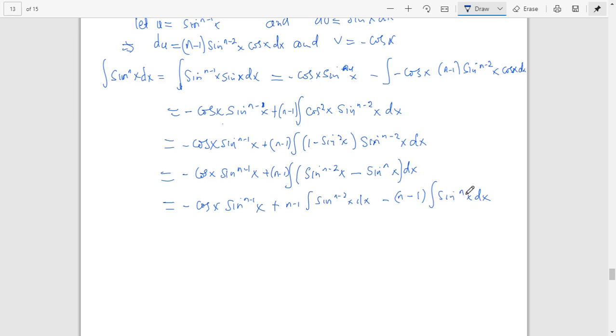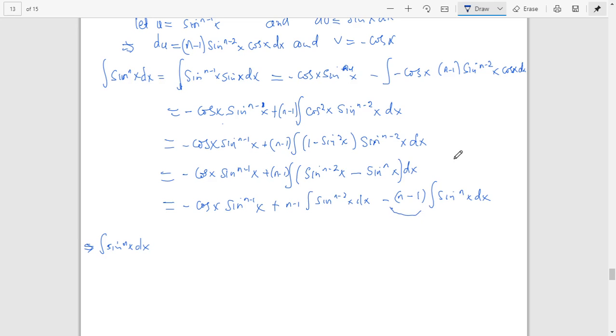Now, why do I need this here? Well, this looks like the integral I started with already. So I'll just carry this integral to the left hand side and add the two of them together. On the left hand side I already have the integral of sine to the power of n x dx, and then I'm bringing this term to the left hand side.